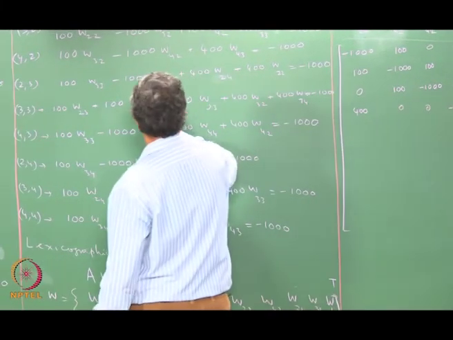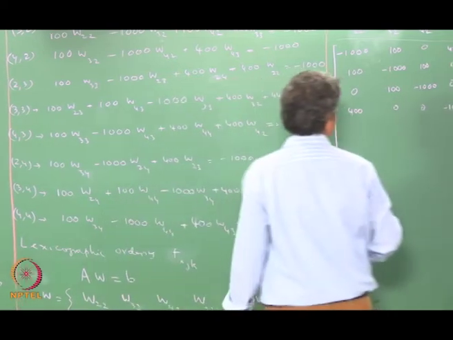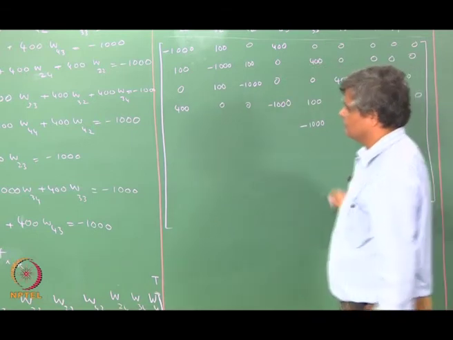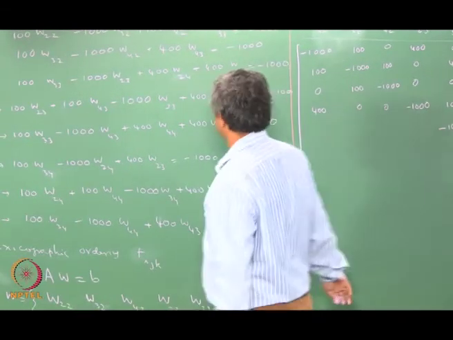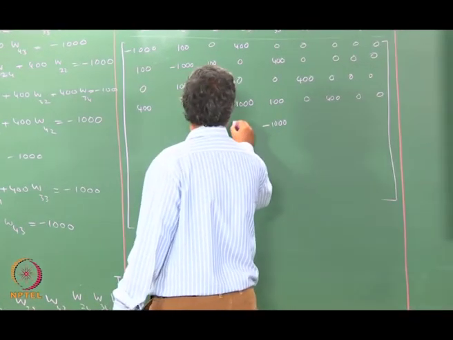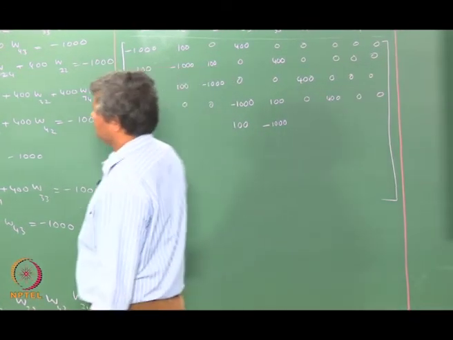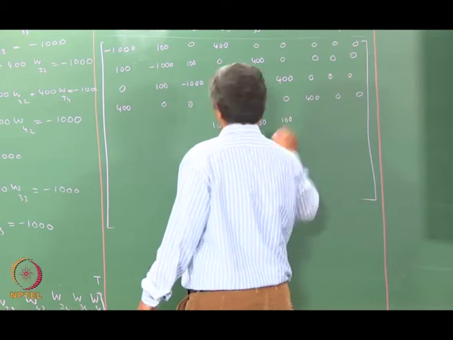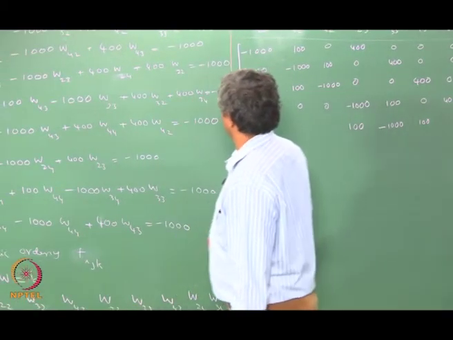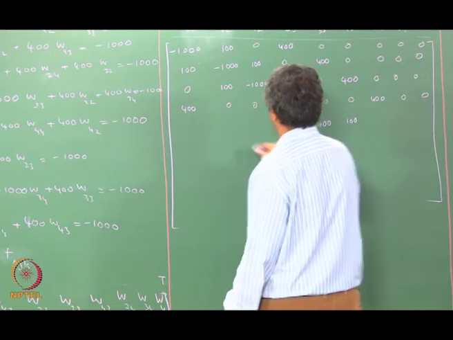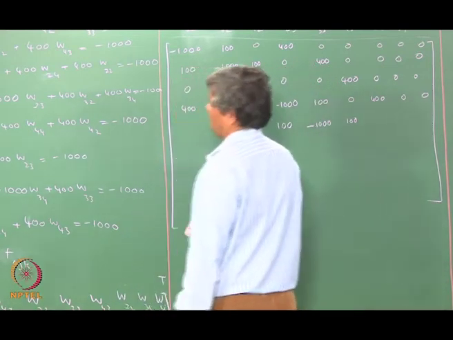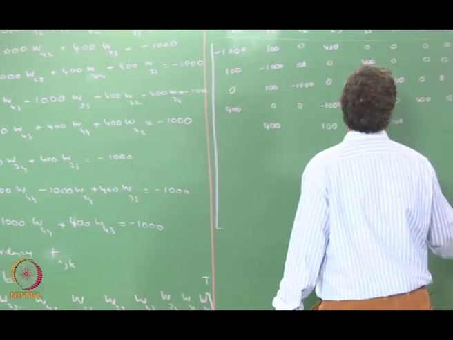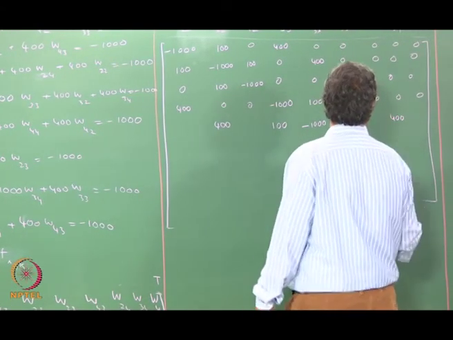Okay, so now we come to this one here. W33 is minus 1000. So we can put the main value here, minus 1000, and then we have 23 is 100, and 43 is 100, 32 is 400, and 34 is 400, and others are 0.